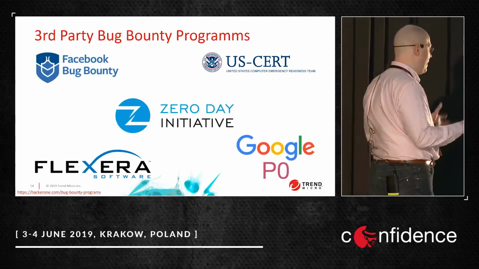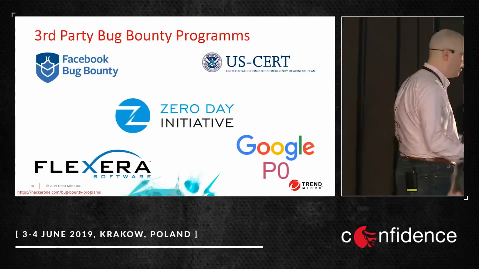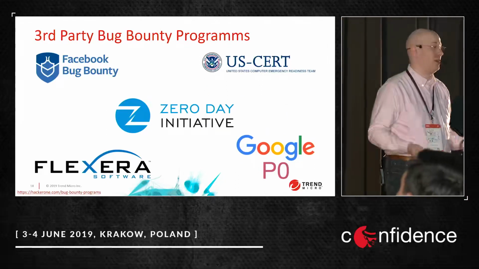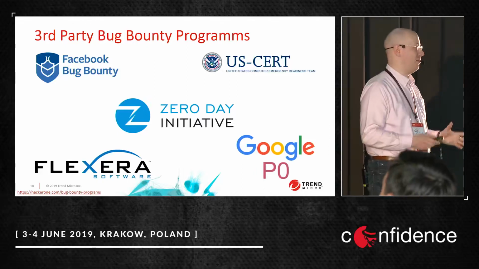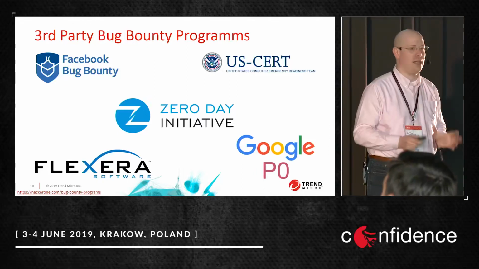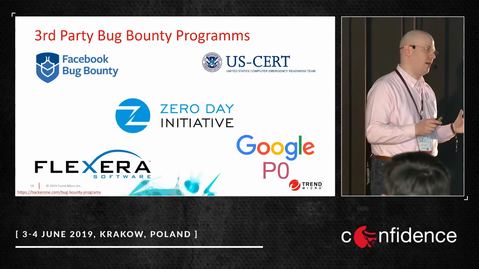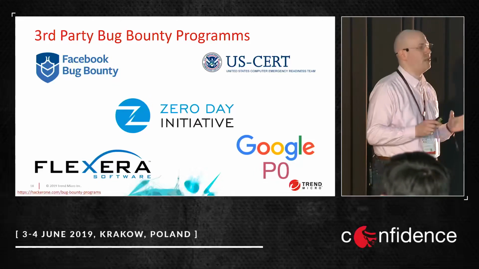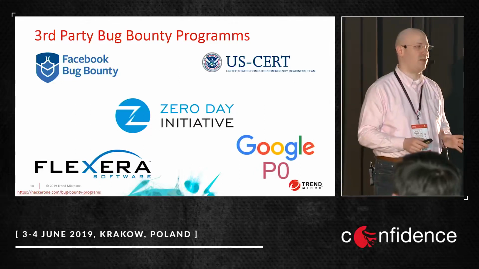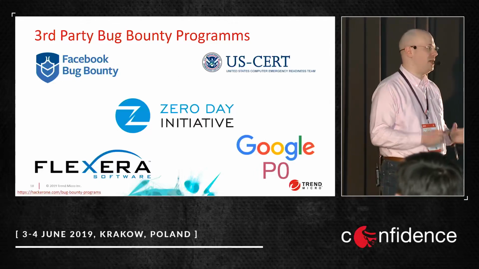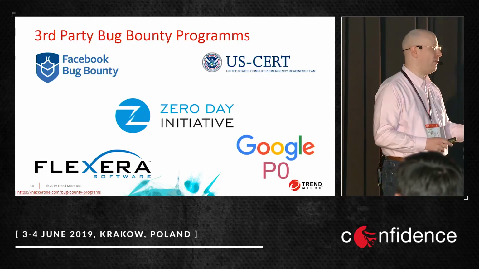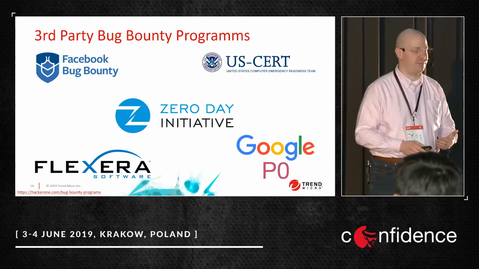You can go through Facebook, you can go through Project Zero, you can go through your local CERT, but please do not sell your vulnerability to, let's call it, official vulnerability brokers, because that basically means that this vulnerability will be kept hidden, which makes everything more insecure for all of us.